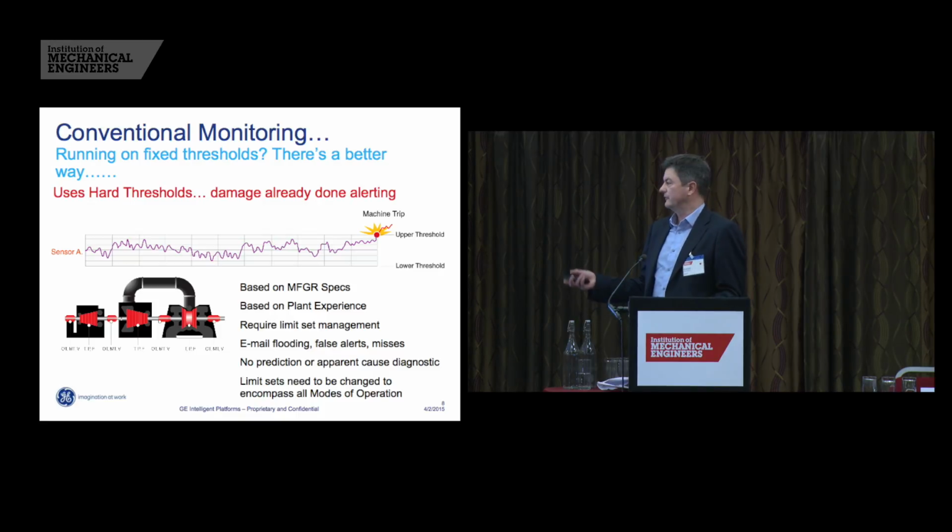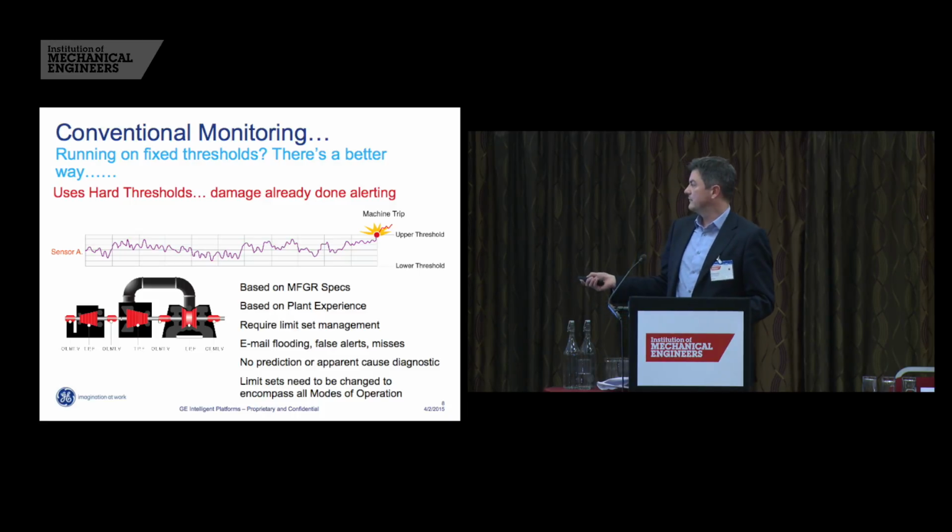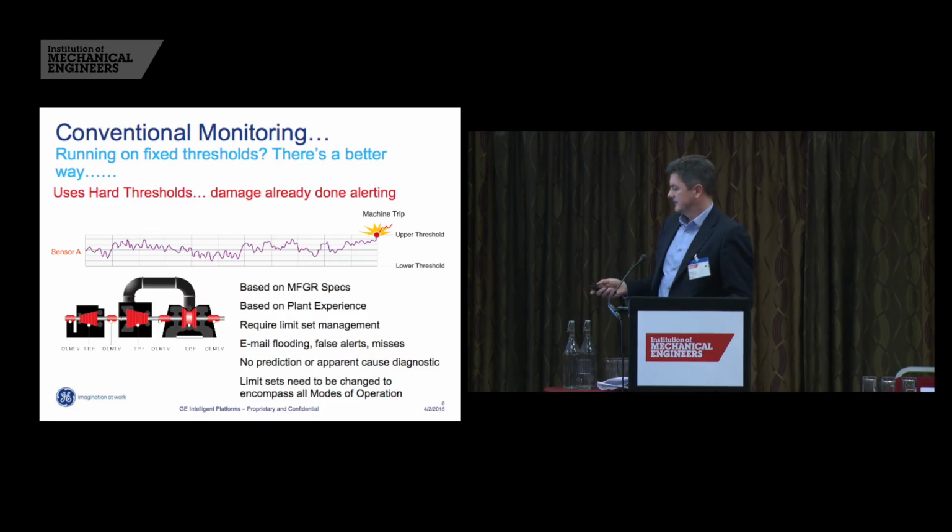Traditionally we say, well, this vibration should be between 40 and 60 micrometers, or whatever values we choose, but we know it should be within that envelope. So it's difficult to identify very early on when there's a problem developing, and often by the time you hit this upper threshold, you've got some damage that's already been occurring for some time.